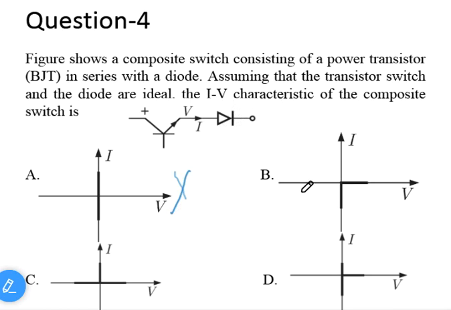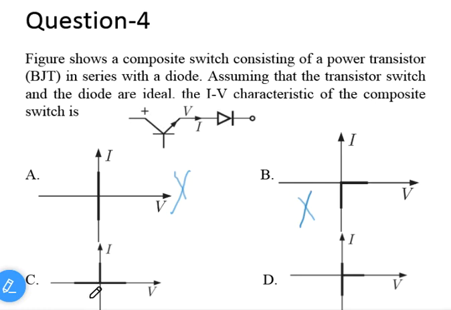Let us look into the other choices. Here it is showing that it cannot allow positive current. It is allowing reverse current and blocking the positive voltage, which is wrong, because when I give the positive voltage and give the base signal, the control signal, this BJT will turn on and the diode will turn on and positive current will flow. Therefore, as per this characteristic, positive current should be zero, which is the wrong choice.